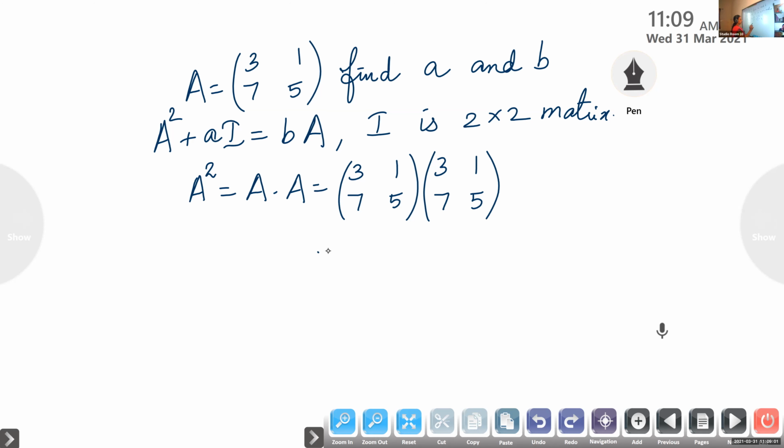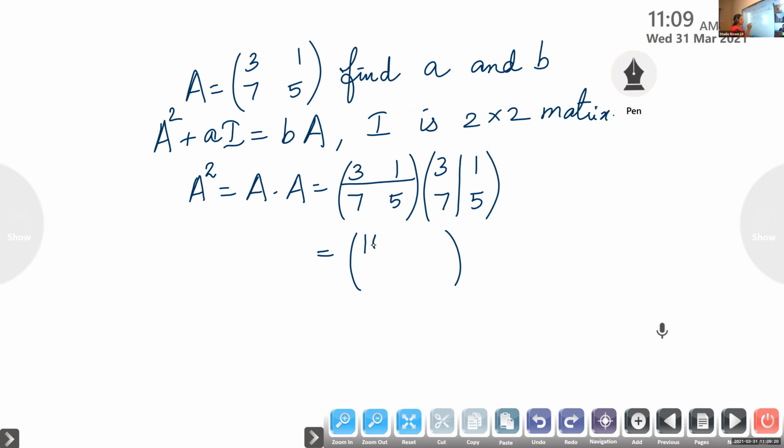Now multiply this one, row with column. Find out and tell me what is A square.